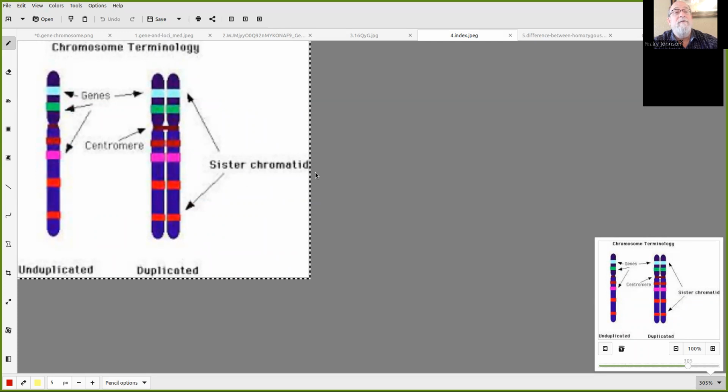Sister chromatids are identical. You get an identical one whenever your cells are about to divide. So basically you'll make an identical copy. And then these will split apart and one will go into the new cell and one will stay behind in the original cell.